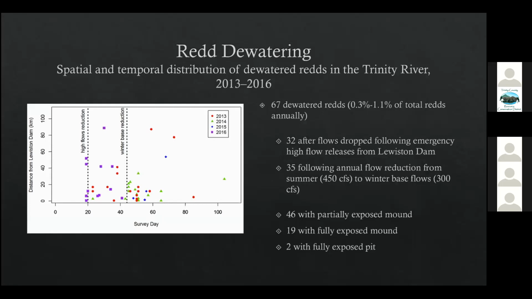Next, I'll talk a little about redd dewatering. Redd dewatering occurred on the main stem Trinity River during each of the 2013 to 2016 spawning seasons, but infrequently and severity was generally mild. The annual number of redds that experienced any degree of dewatering ranged between 0.3% and 1.1% of the total redds in the main stem.